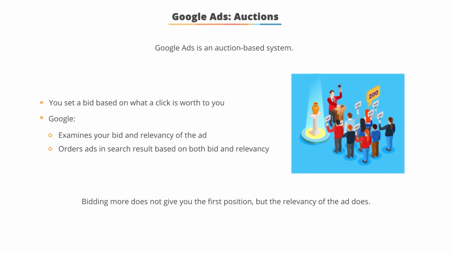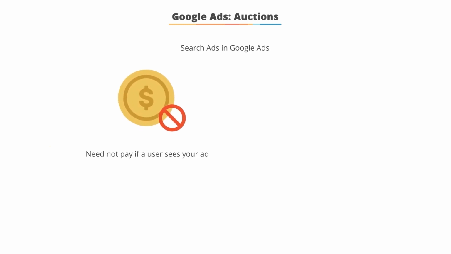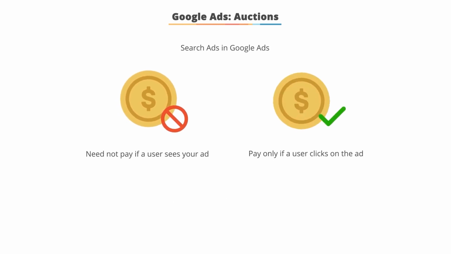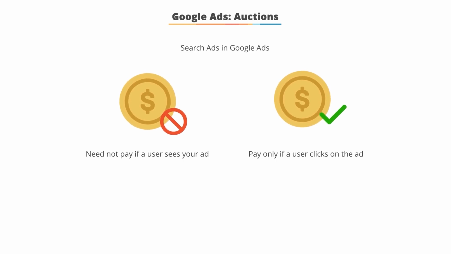Now, it's not just who bids the most that will get you into position one. Is your ad relevant to the user? There's a lot of ways to make things relevant, and we'll walk through this later. Now, if a user sees your ad, you don't pay anything. Only if a user clicks on your ad do you pay the search engine.